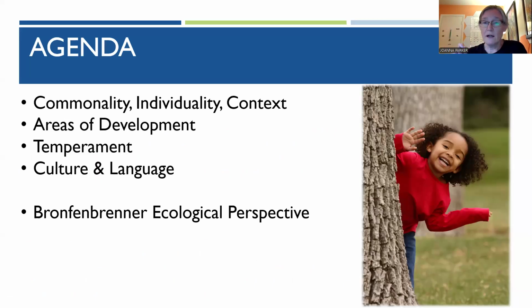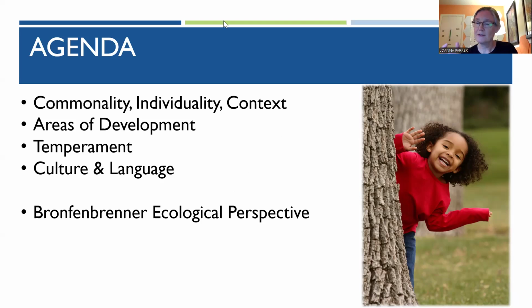So with our agenda and our focus for this first session, I also want to introduce you to the areas of development and looking at the Virginia Early Learning and Development Standards, because that is another key component as we think about what the whole child concept means, and how we support children's development.